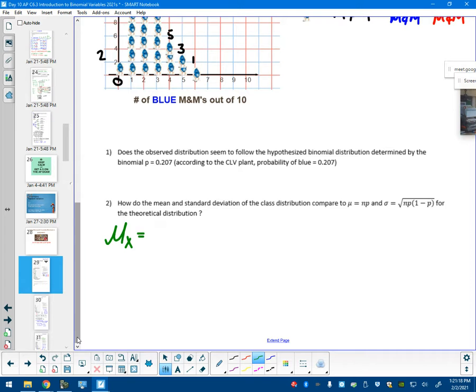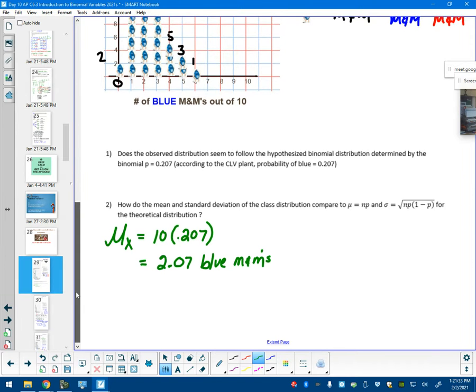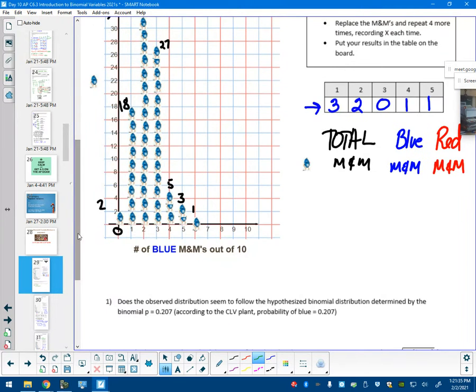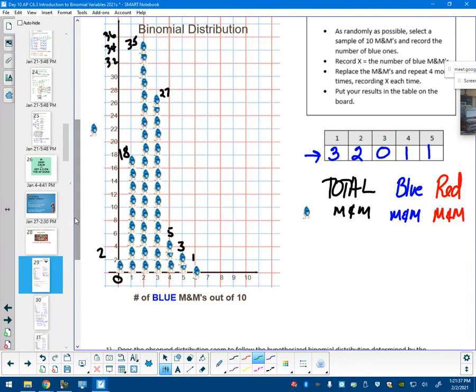The expected value, I took out 10, and it is about 20% blue, and so that should equal 2.07 blue M&Ms. And does this seem to balance a little bit after 2, do you think? I would say it balances between 2 and 3, wouldn't you?